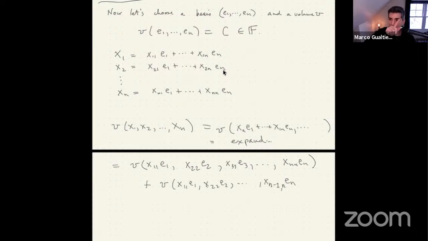So I basically choose the very first vector that I can for all of these. And then right before the end, I decide to skip over the term that I already wrote here. Right? And so then in the next stage, I can't put xnn en because there's already an en. So I need to put xn,n-1 en minus 1. And I'm going to have a whole bunch of terms.